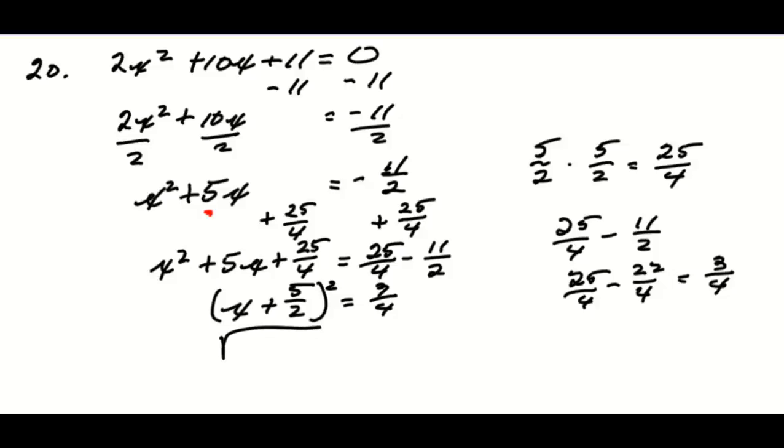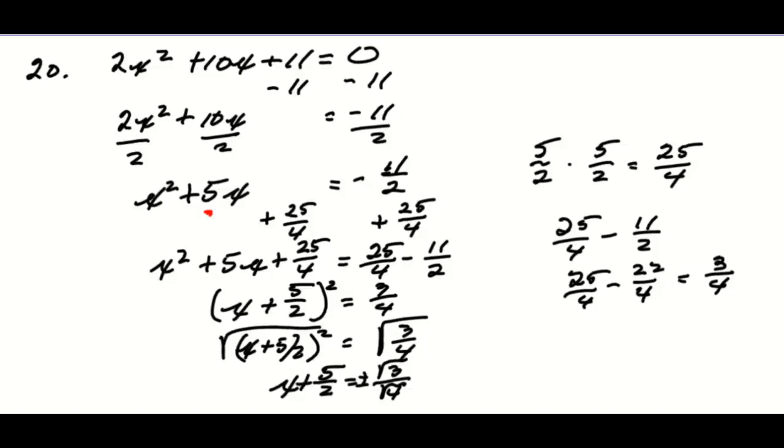Taking the square root of both sides, x plus 5 over 2 equals the square root of 3 over the square root of 4. We're going to put a plus or minus there. But the square root of 3 over the square root of 4 is the same thing as the square root of 3 over 2.